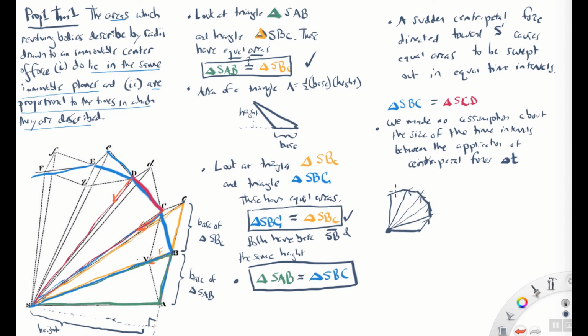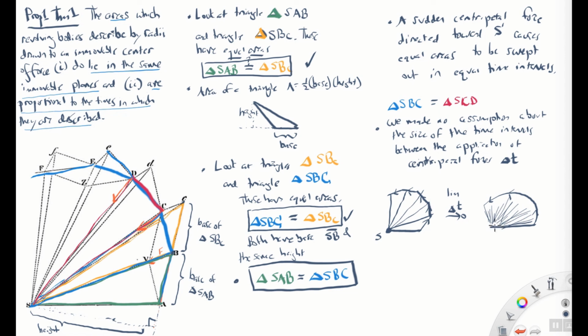If you take a limit as delta t approaches 0, so again, this is point S, you're going to have this go over to varying time intervals, and it's going to go over to a smooth curve. So you have many, many, many of these forces being applied closer and closer and closer together, and you're going to have this moving along a smooth trajectory in the limit as delta t goes to 0.